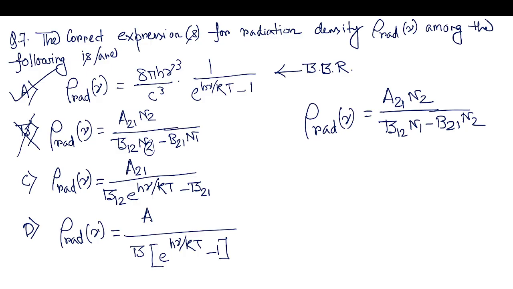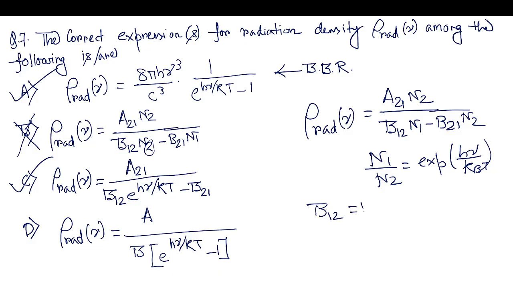If I divide by N2 and incorporate N1 in terms of N2 as the Boltzmann function, we get equation C. Similarly, since we can write B1 to 2 and B2 to 1 as B, option number D is also correct.